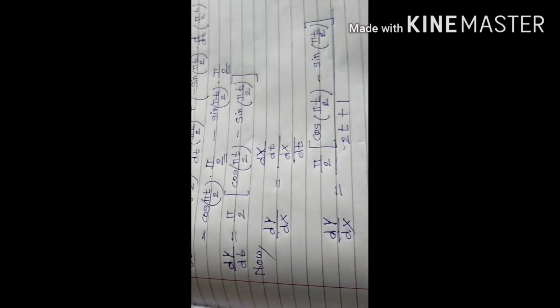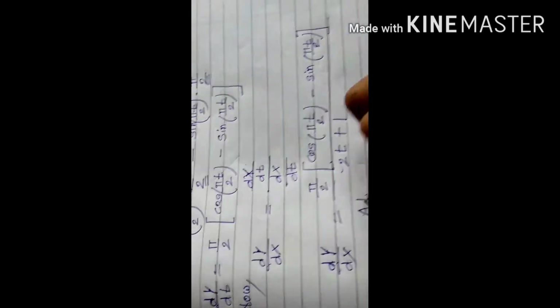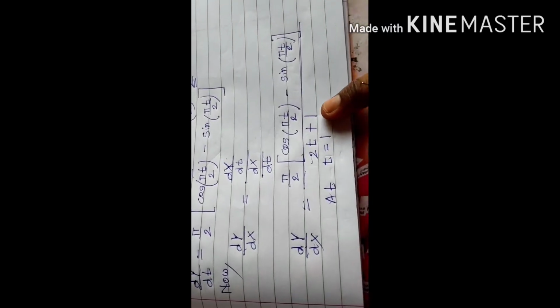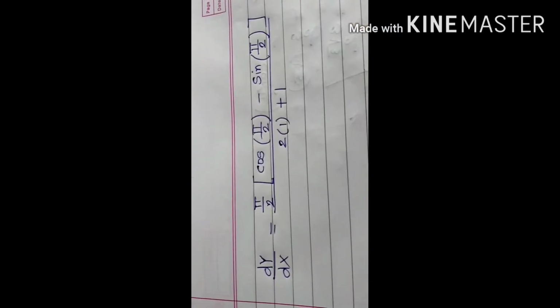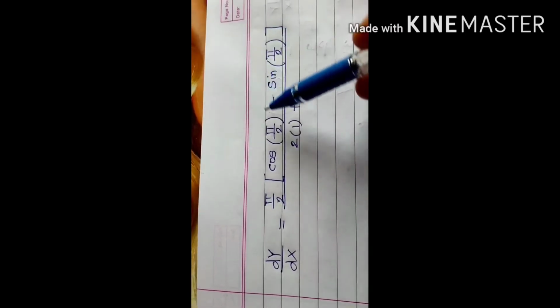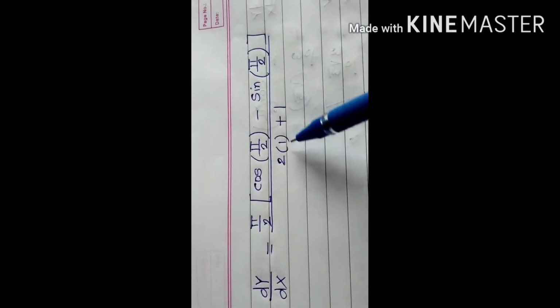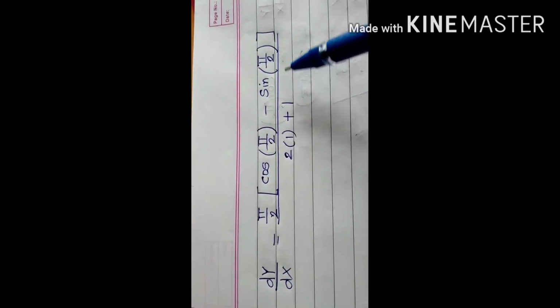At t is equal to 1, put the value of t as 1. Now after putting the value of t, you get pi by 2 cos pi by 2 minus sin pi by 2 upon 2 into 1 plus 1.